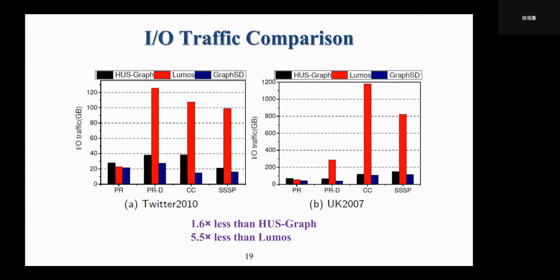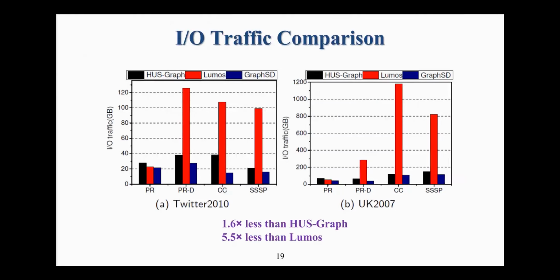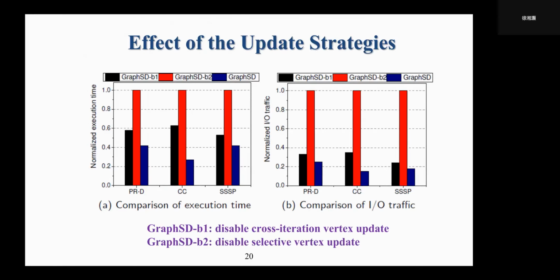We then evaluate the I/O traffic. Compared with the other two systems, GraphSD can reduce the whole amount of I/O by 1.6 and 5.4 times. We also evaluate the effects of different system designs, including the cross-iteration vertex update and the selective vertex update. We evaluate the system performance by disabling each design.